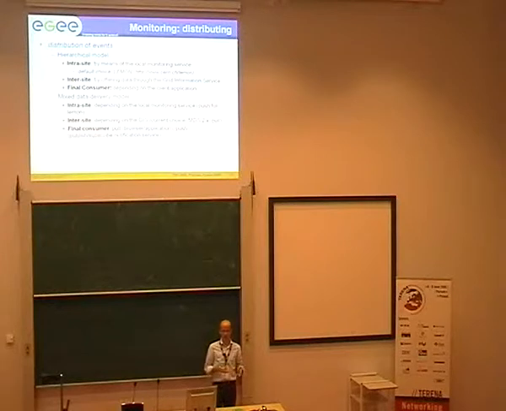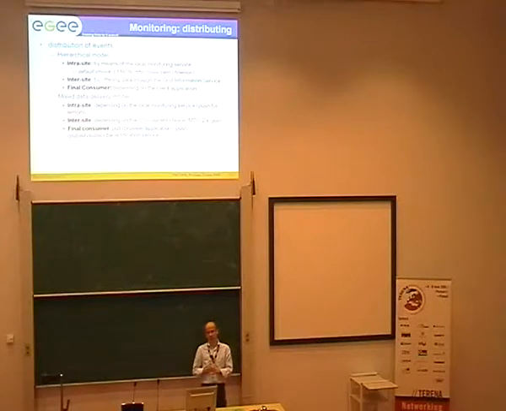So in GridICE we decided to rely on the fabric monitoring service in order to run the sensors, collect them at a single point, and then expose them to the grid. So we have a hierarchical model of distribution. There is a first level of aggregation of monitoring at the site level, and then there is a second level exposing this information to the grid.